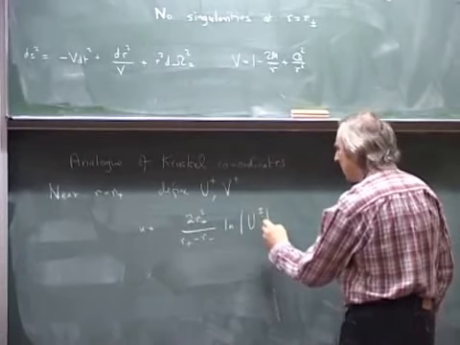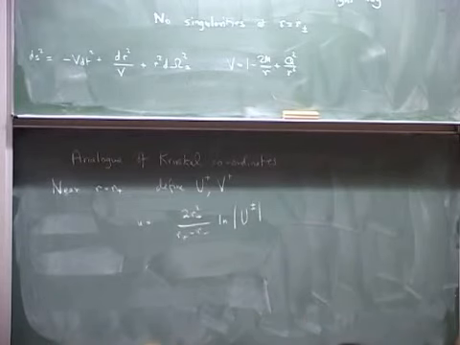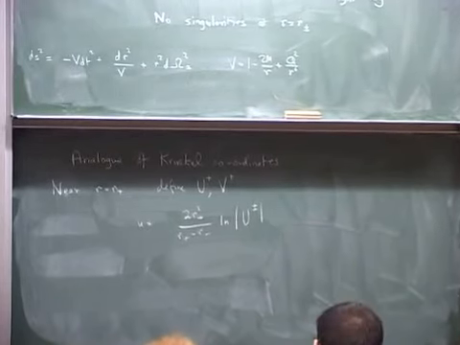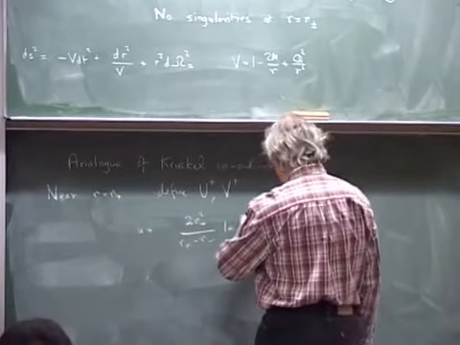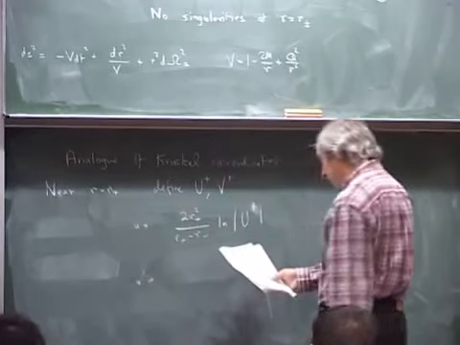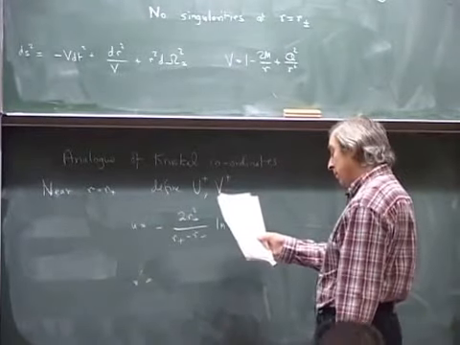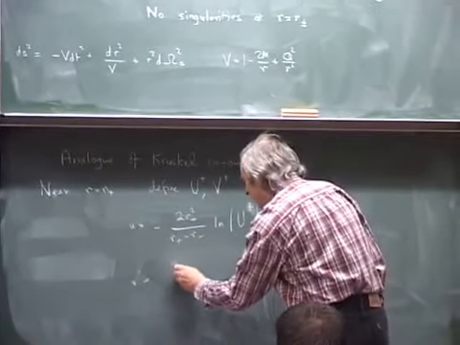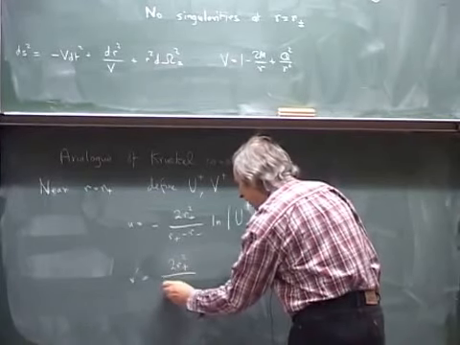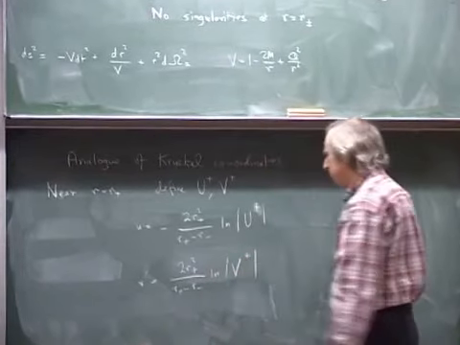And v is equal to minus 2 r plus squared over r plus minus r minus, the logarithm of the modulus of v plus.